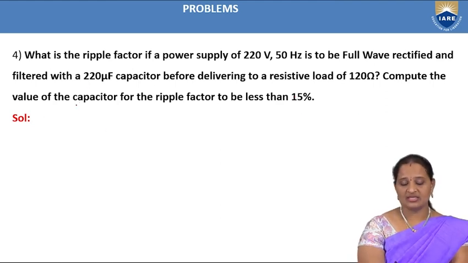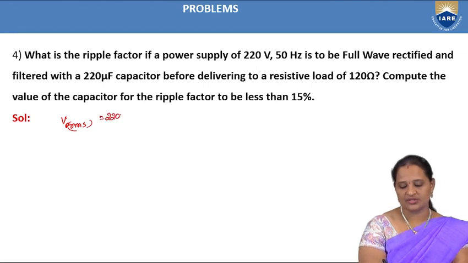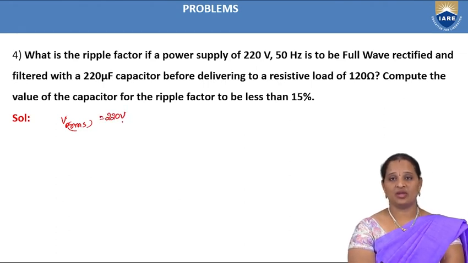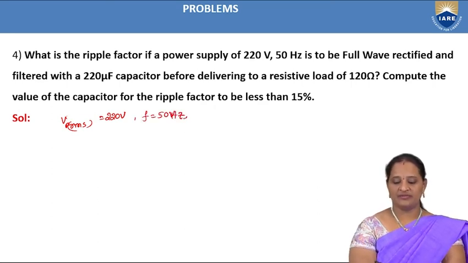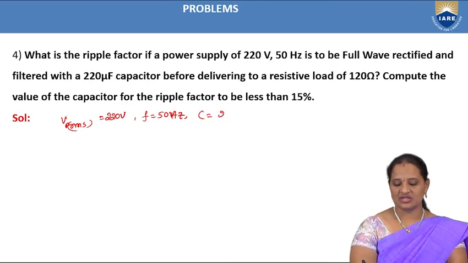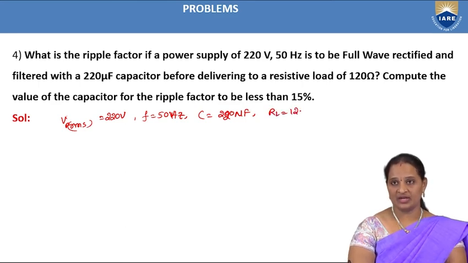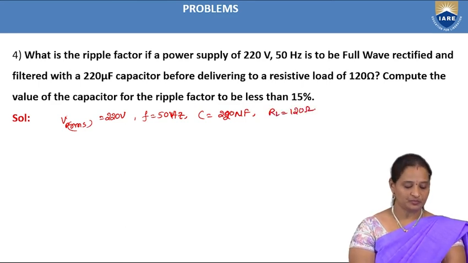So first of all, let us note down all the values given here. 220 volts is given, which indicates VP RMS, that is 220 volts, the RMS value of voltage at the primary winding, and the frequency is given as 50 hertz, the capacitance is 220 microfarad, and the load resistance is 120 ohms.